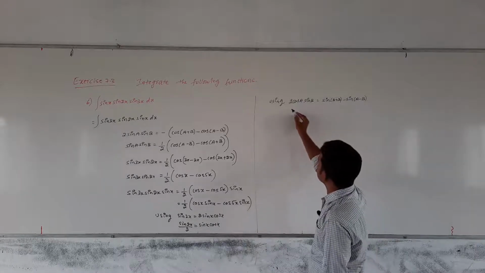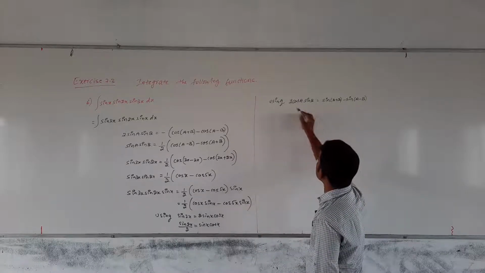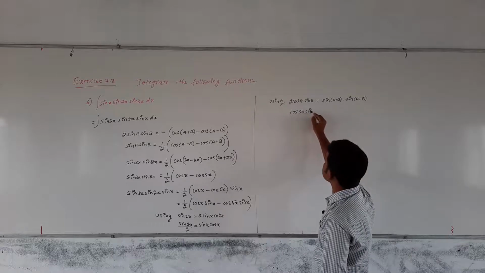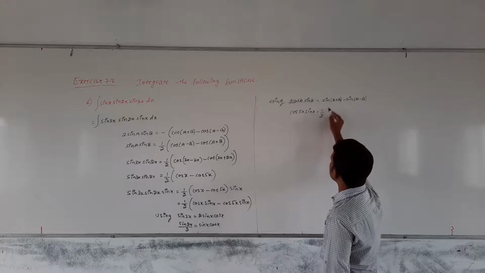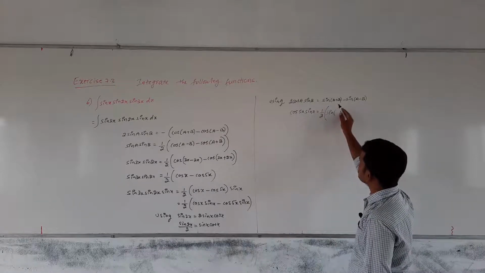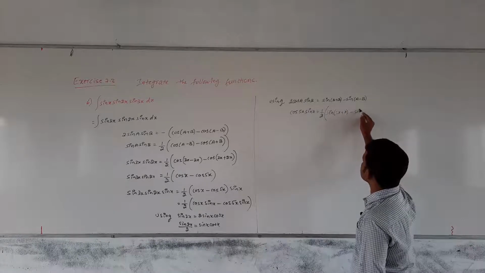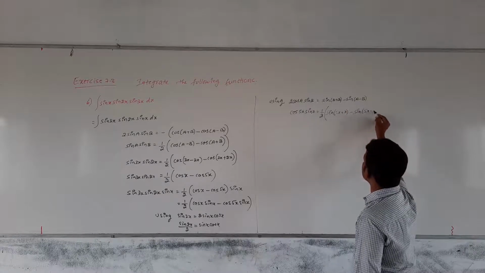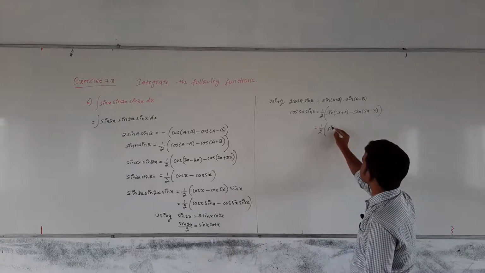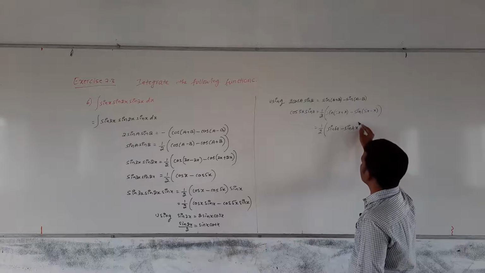Here you see cos 5x into sin x is there, 1 by 2 also goes to the right hand side. Cos 5x into sin x is equal to 1 by 2 times sine of a plus b, meaning 5x plus x, minus sine of a minus b, meaning 5x minus x. So 1 by 2 times sine 6x minus sine 4x.